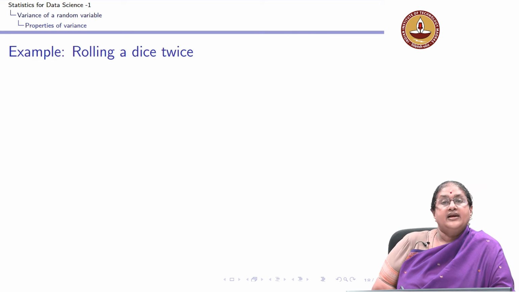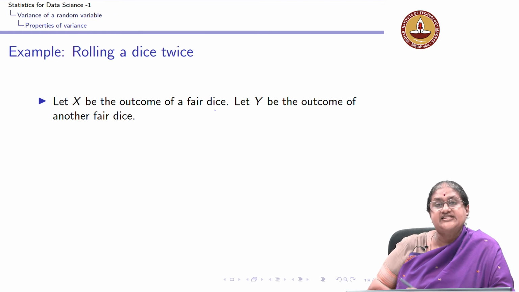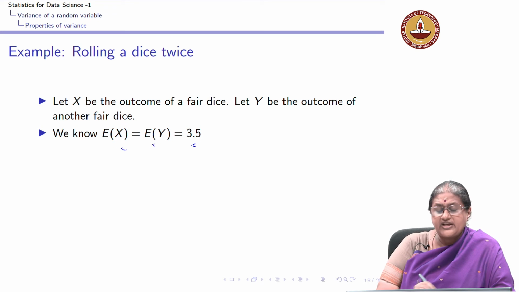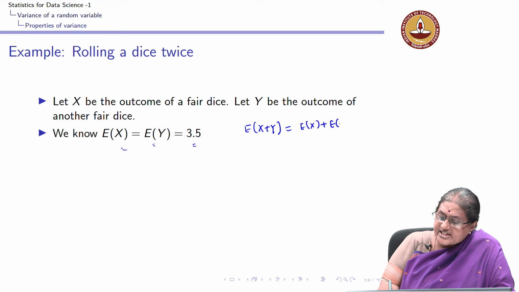Again, let's look at rolling a die twice. Again, X is the outcome of the first fair die and Y is the outcome of the second fair die. Now, I know that expectation of X equal to expectation of Y equal to 3.5, and we also verified expectation of X plus Y is expectation of X plus expectation of Y, which is equal to 7.